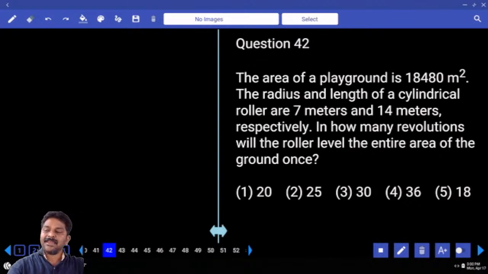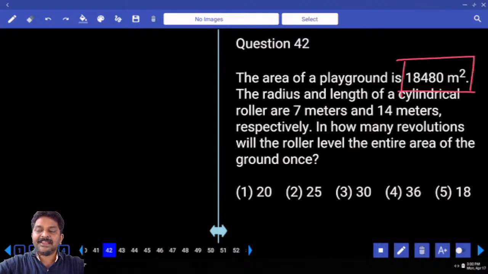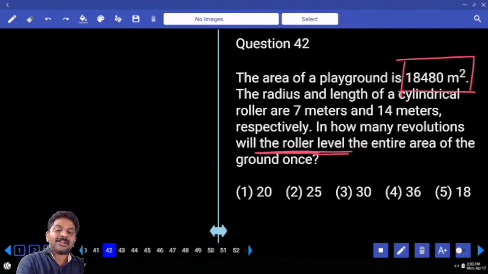So there is a ground whose area is 18,480. What shape is that? We don't know. Is it a square, a rectangle, a circle? We just know only the area. So this we have to level using a roller.